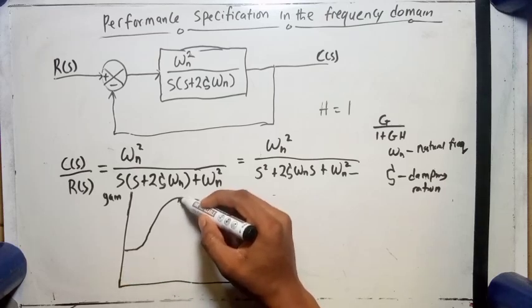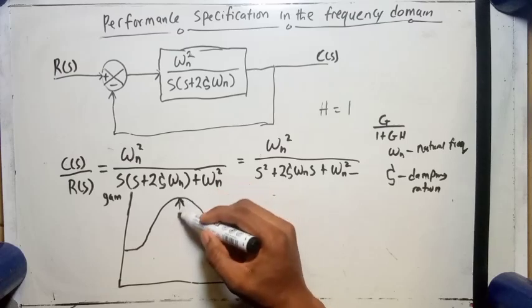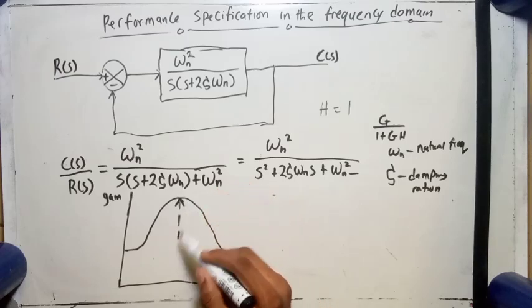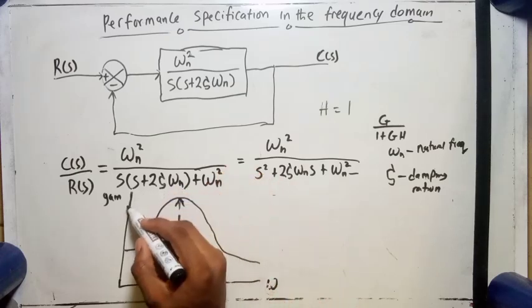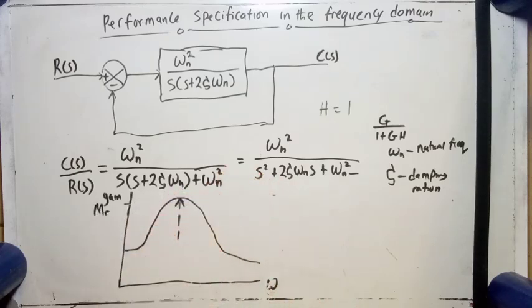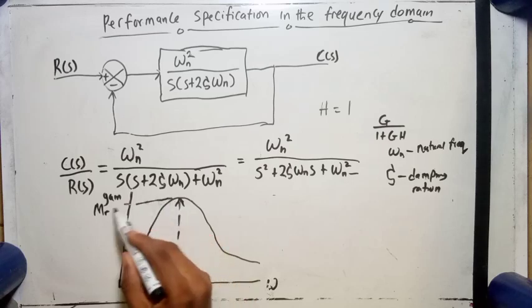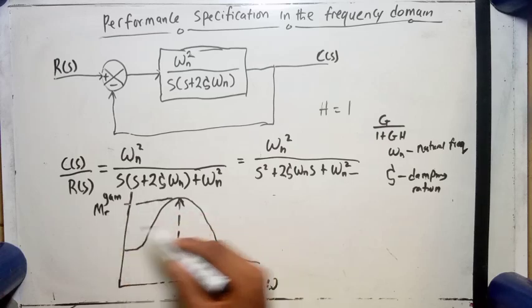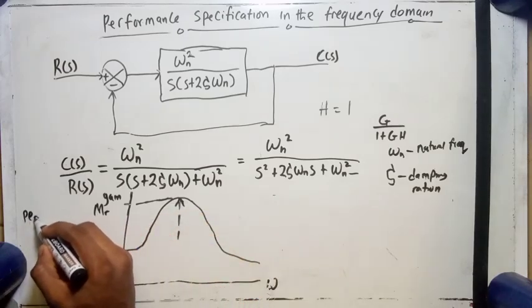Now there are about three or four things we are going to be getting from this graph. From this point, the highest peak, we denote it as Mr, meaning peak resonance. The value of the highest gain, we call the peak resonance.